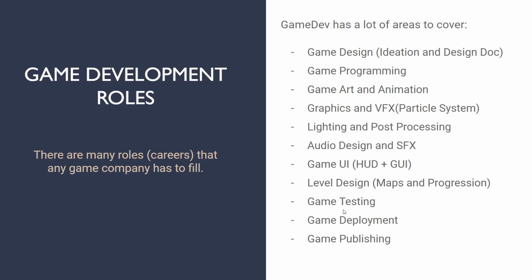And then comes game deployment and game publishing. Game deployment is basically, now there are many companies which help you in deploying your game, like building and deploying your game. Unity and Unreal of course automatically help you build and deploy games natively for Windows, Linux, or even the web.